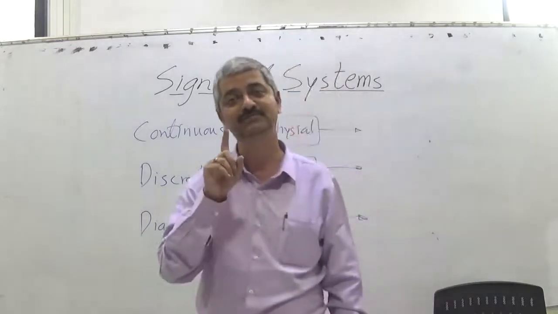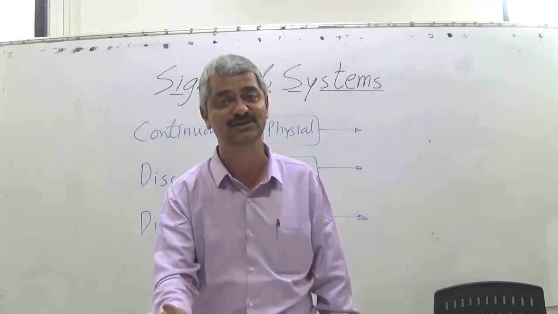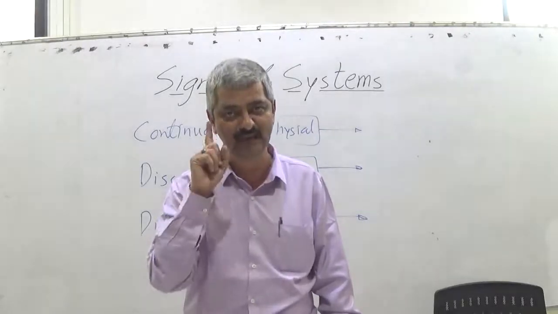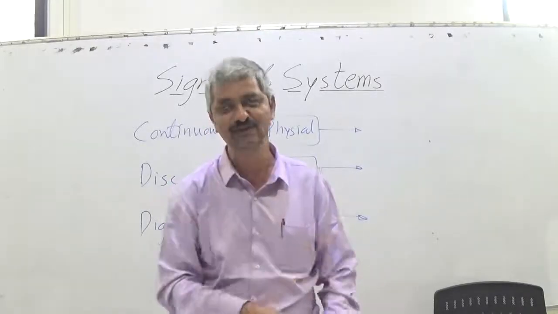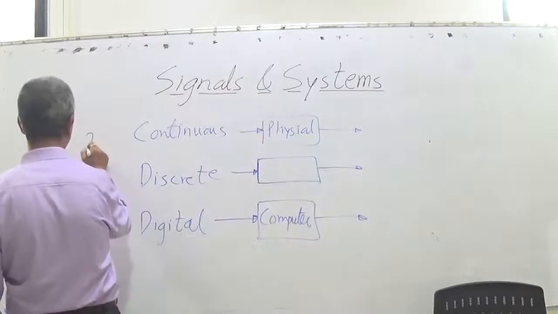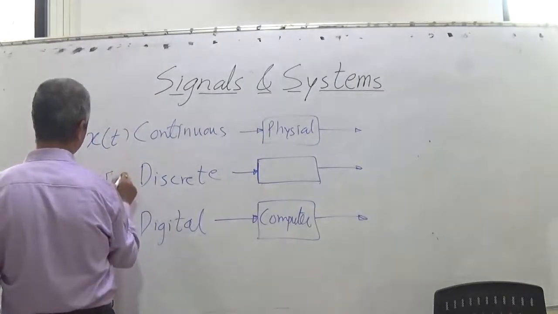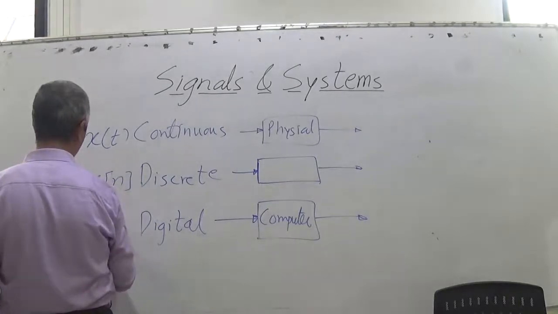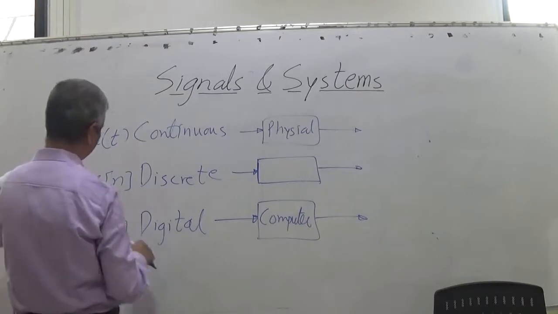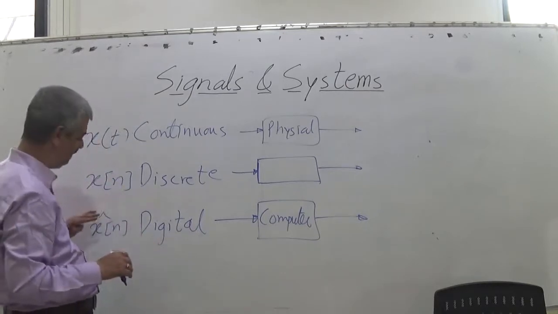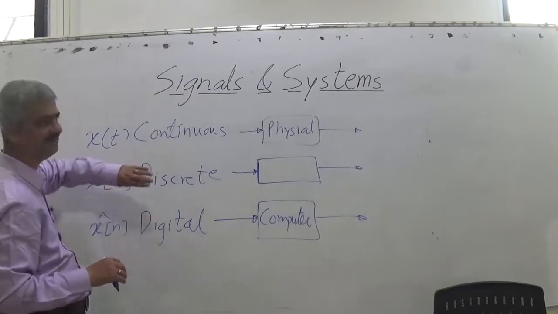An array includes distinct numbers: array element 0, array element 1, array element 2, array element 3. So this is expressed as x(t), and this is expressed as x[n]. And there is also a way x-cap[n] for digitized signals, but that is not so frequently used because it is just hypothetical and doesn't exist.